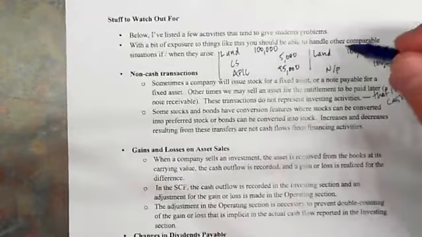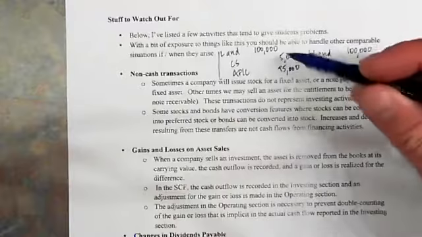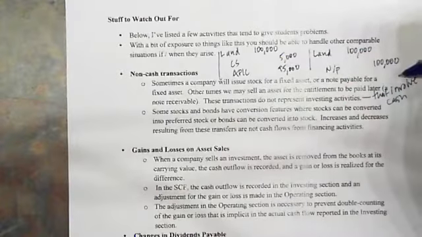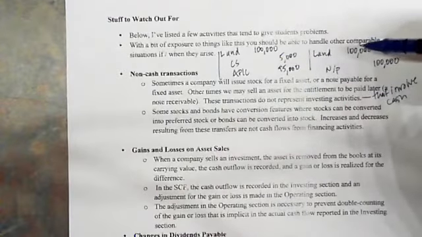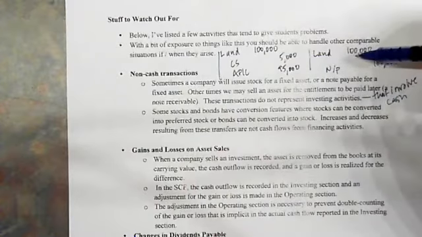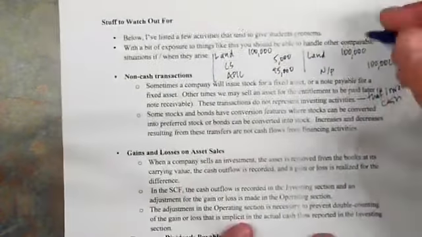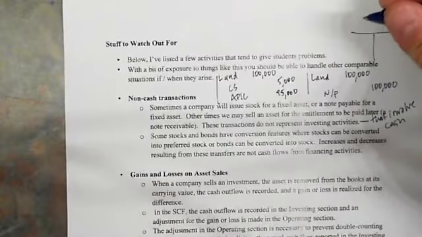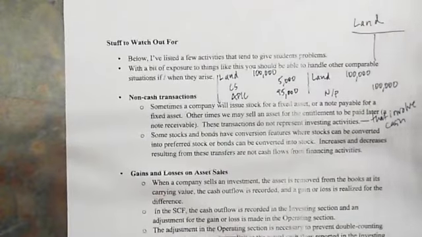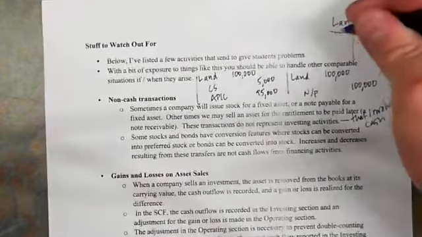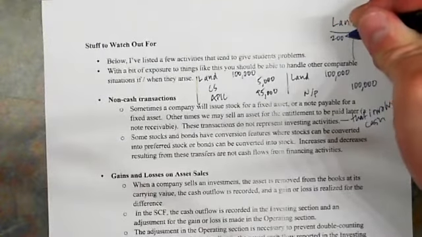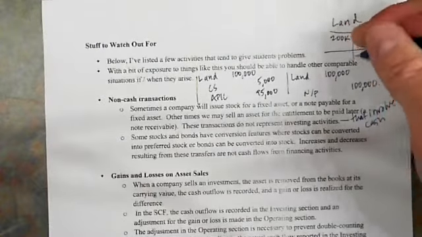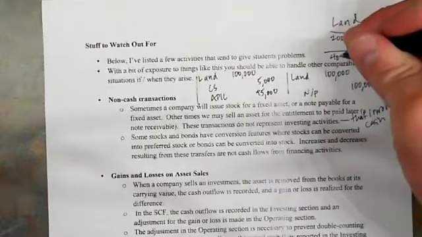So if these come up, you just have to write a journal entry for them, or I'll provide one for you, and then you back it out of the cash transactions that occur. So in this case, for example, say we had land, and land went from, I don't know, 200,000 and it eventually went up to 400,000.